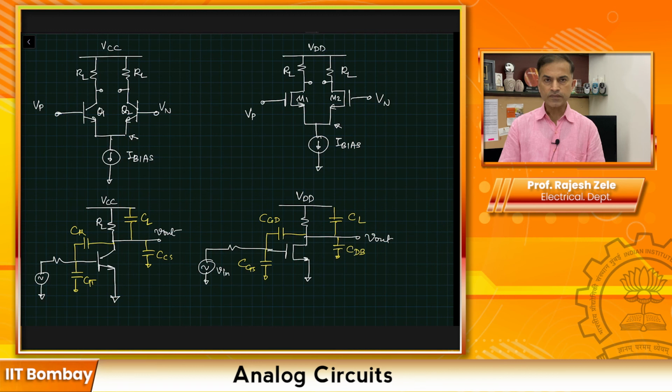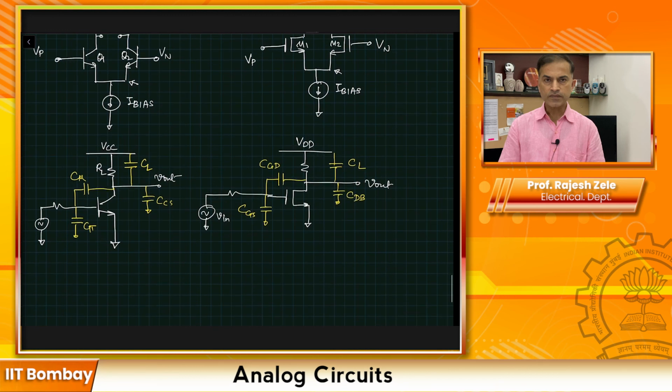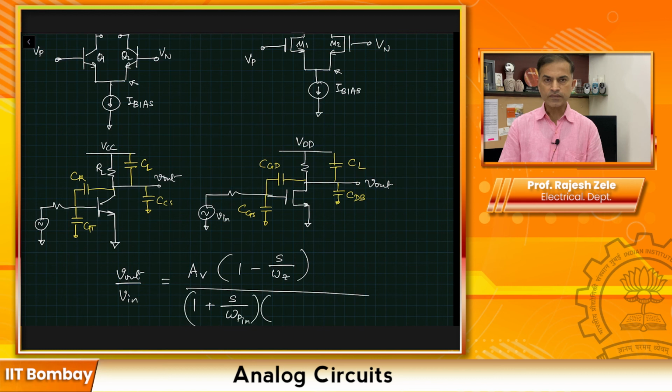So it's the same analysis that we did earlier, which gave us the equation V out divided by V in is equal to AV times 1 minus S divided by omega Z, divided by 1 plus S divided by omega P input, and 1 plus S divided by omega P output. AV is the DC gain and 1 minus S divided by omega Z represents the right half plane zero.